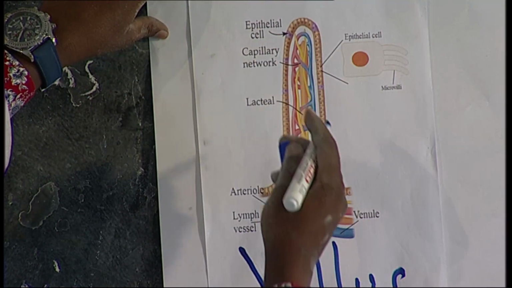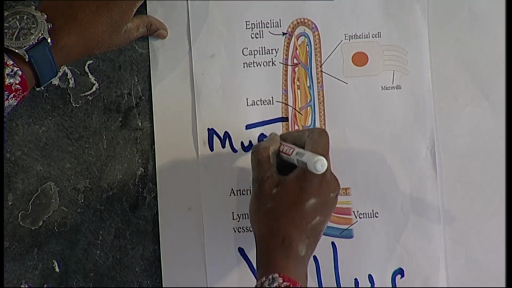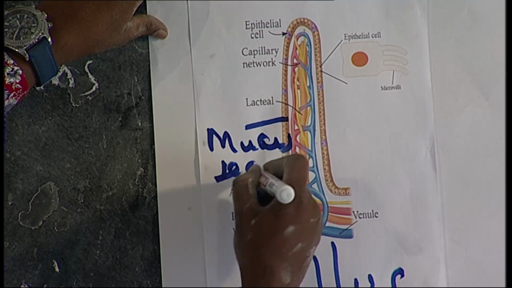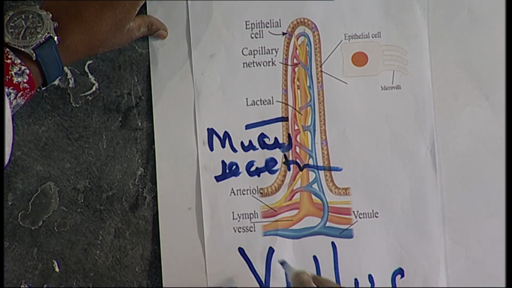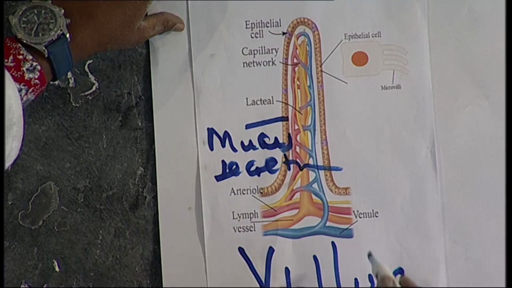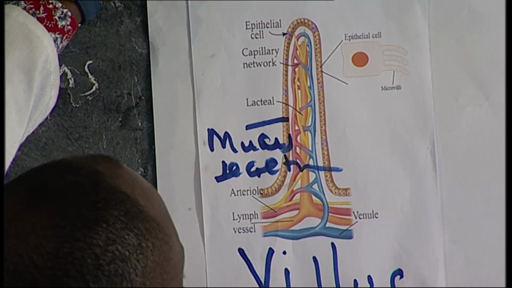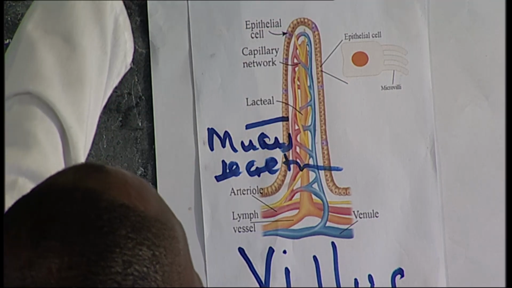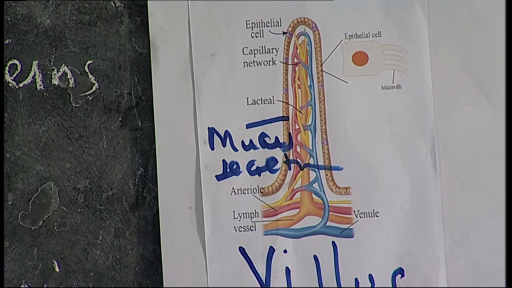You also have mucus secreting cells. We have lymph vessels, arterioles, venules, and so on. So this is the internal structure of the villi. The villi are normally found in the small intestine, in the ileum precisely, which plays a big role in absorption of the end products of digestion.